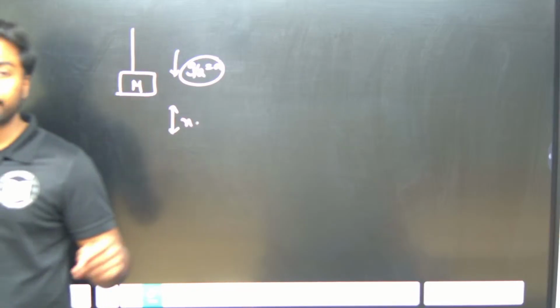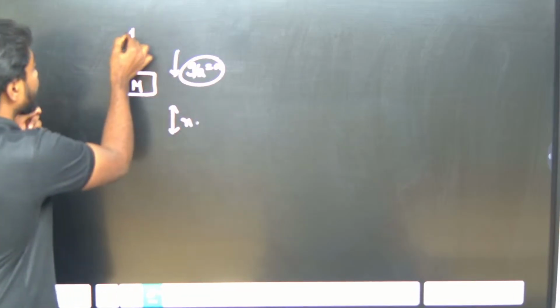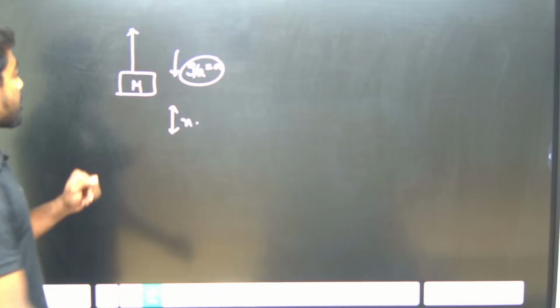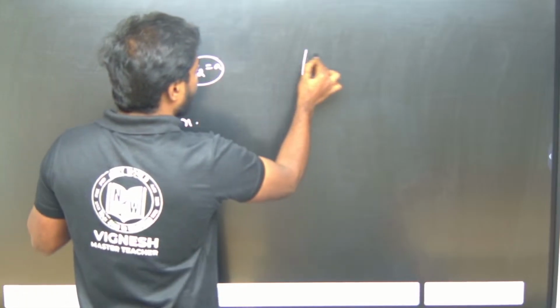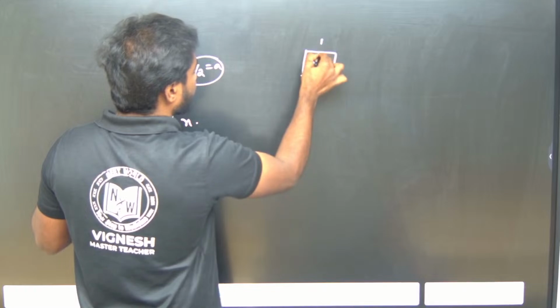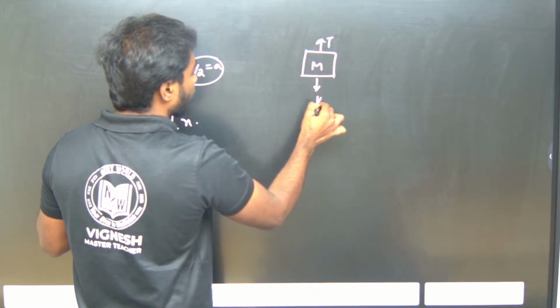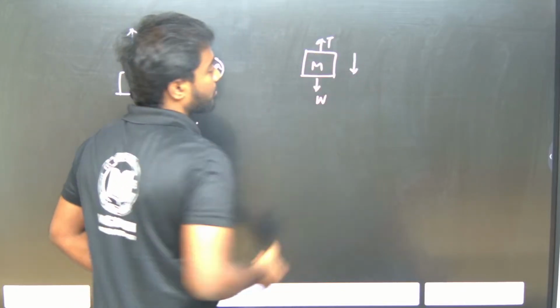Work done by the rope on the block, in the sense I need to find the tension there. So the free body diagram will look like this: m, with T acting upward and W acting downward, going downwards.